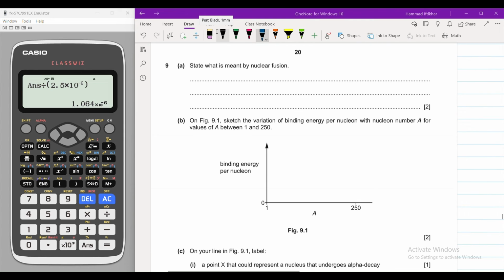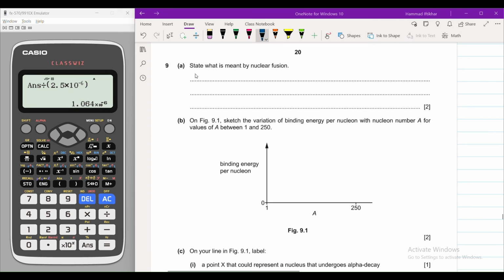All right, question number 9: state what is meant by nuclear fusion. Nuclear fusion is when two smaller nuclei fuse together into a heavier nucleus with the release of energy. So let's write it.